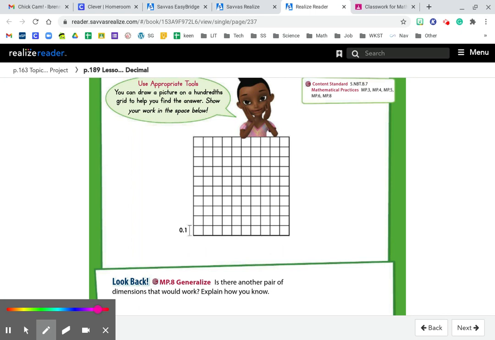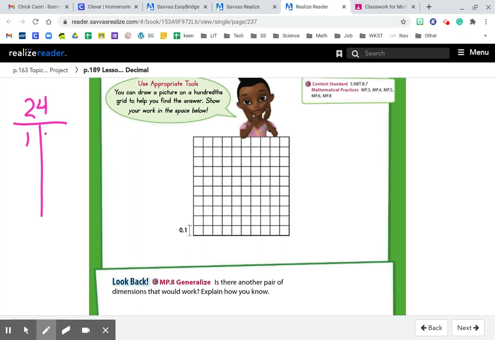So think about, we can jump ahead a little bit and talk about some fact families, because we know area equals length times width. So we're going to multiply two numbers together to get 24. Well, we could have a 1 by 24, but we can't show that on our chart because our chart is 10 by 10, remember? So we want to stay below that.